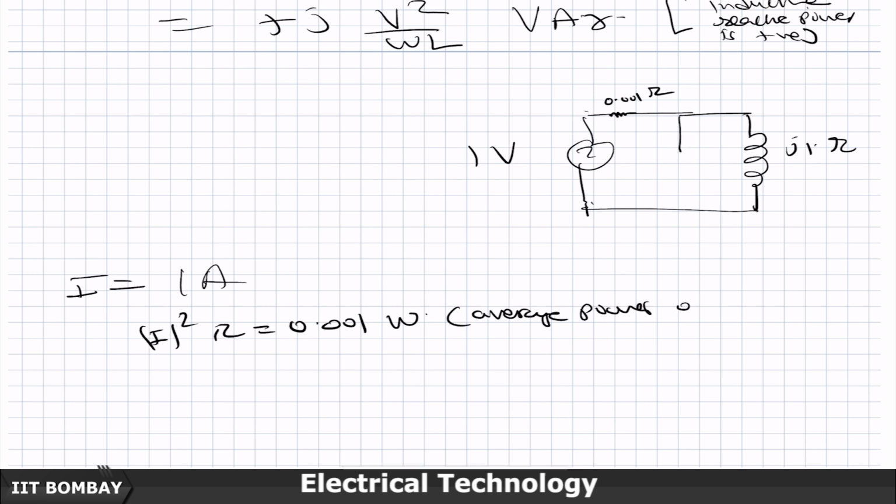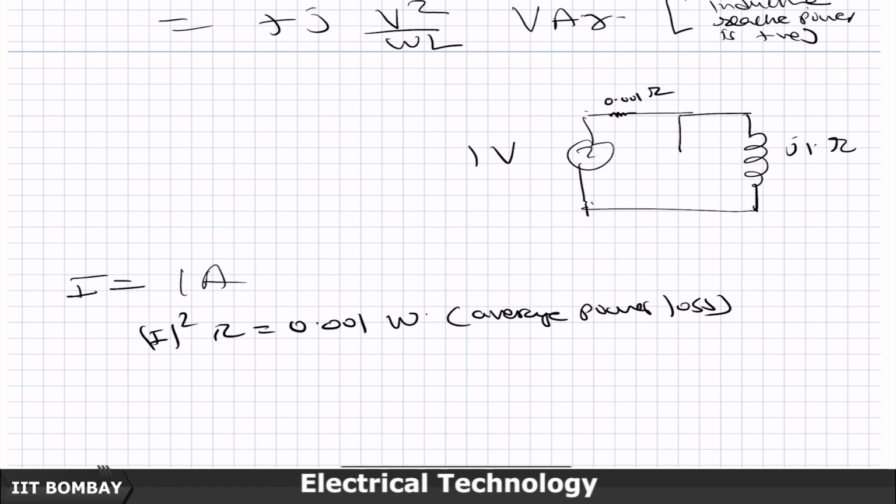Afterwards, I will not use even this word average. Later on it will be clear to you that mostly we will be talking of average quantities only. So, this average power loss means this many joules per second. This much loss will happen in the resistor.